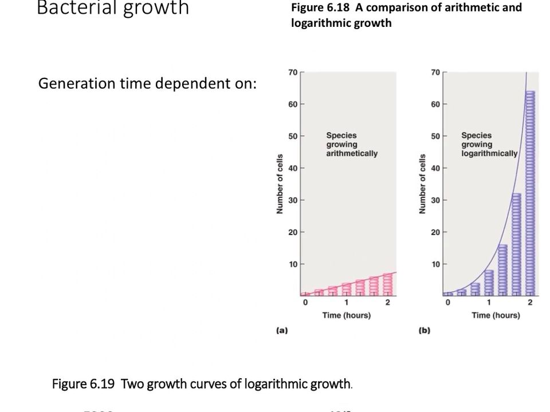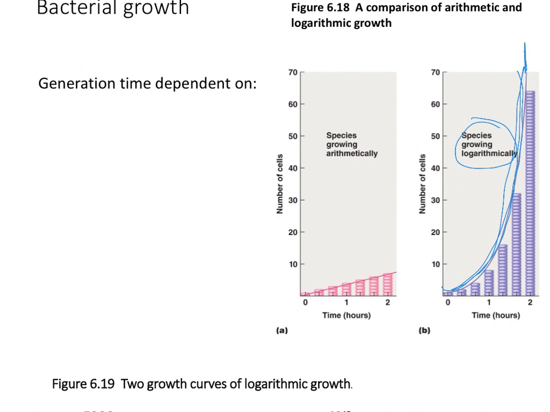All right. So when we have bacteria populations doubling every generation, we describe that as logarithmic growth. And if we were to chart that out, we would have this kind of a parabola, that kind of shaped graph like that. Very quickly becomes a lot of cells when it's growing exponentially like that.